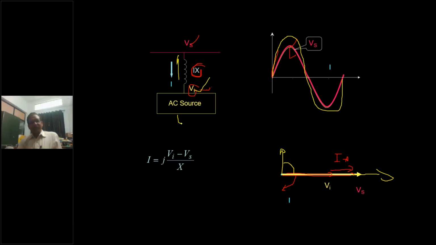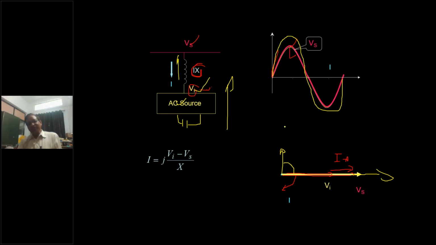Now what is this AC source? This AC source is a battery with an inverter, or a capacitor. We do not transfer power from the capacitor to the source. Why? Because it supplies current at lagging or leading power factor by 90 degree.